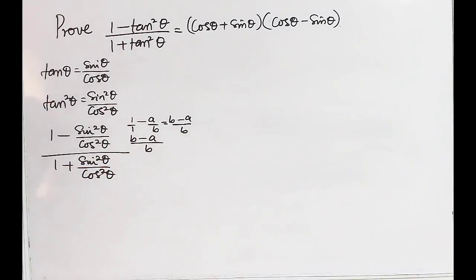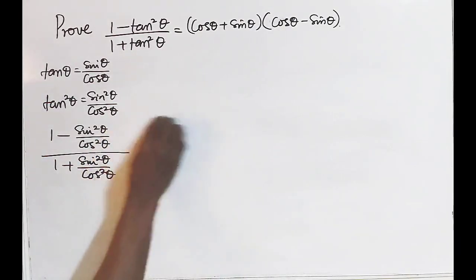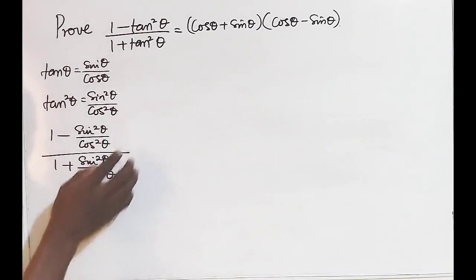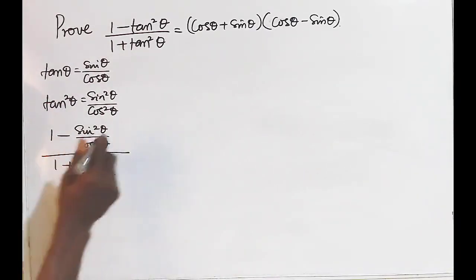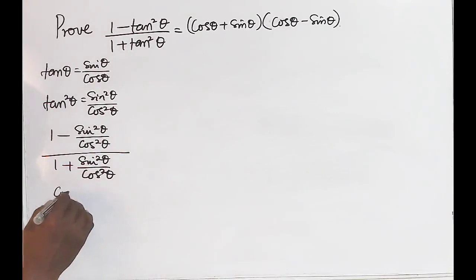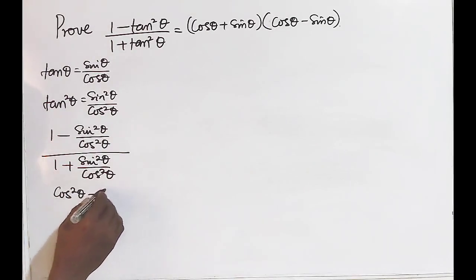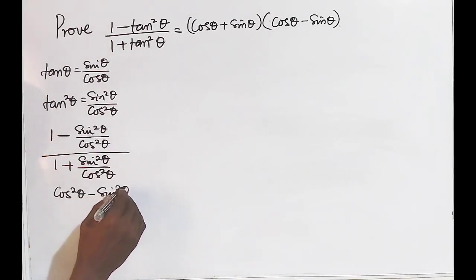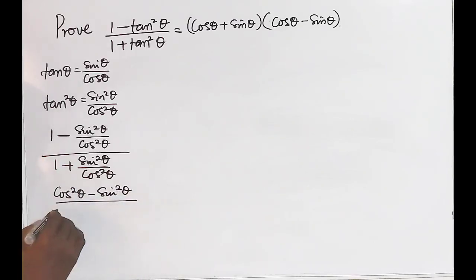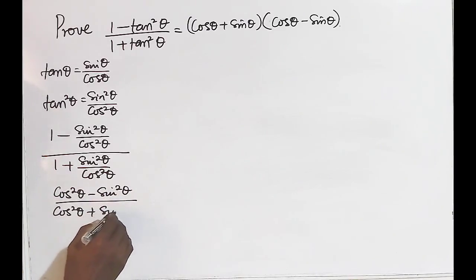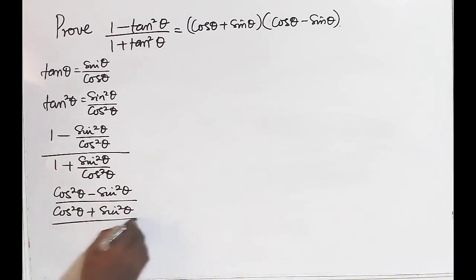So that resolves it to a single fraction. If we apply that here, this becomes cos² minus sin² all over cos² plus sin² all over cos².